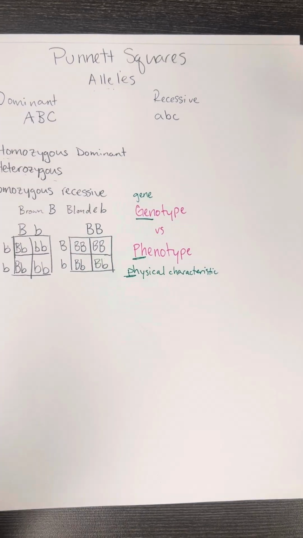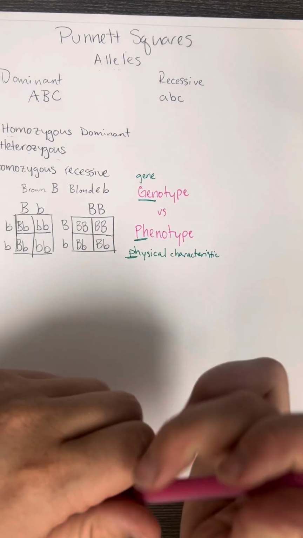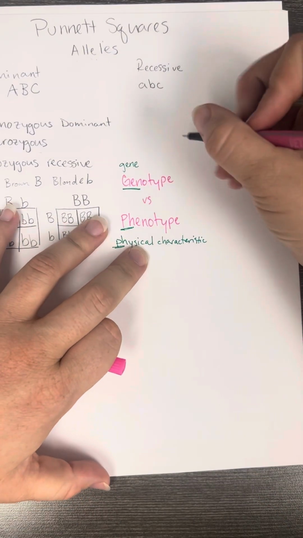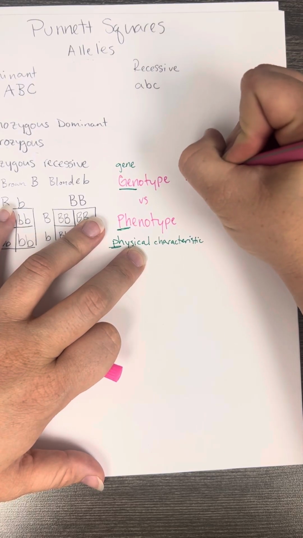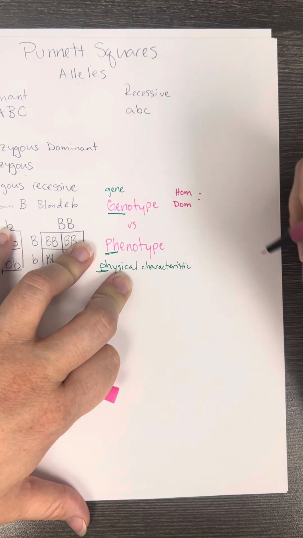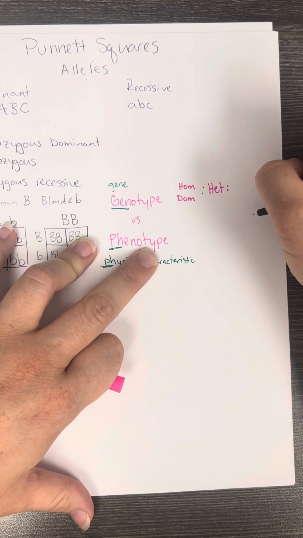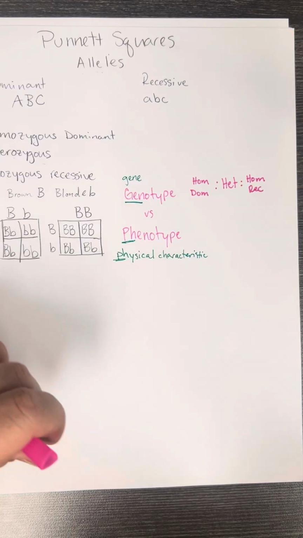So let's explain that a little bit on this one. So your genotype is going to be your homozygous dominant to your heterozygous to your homozygous recessive.